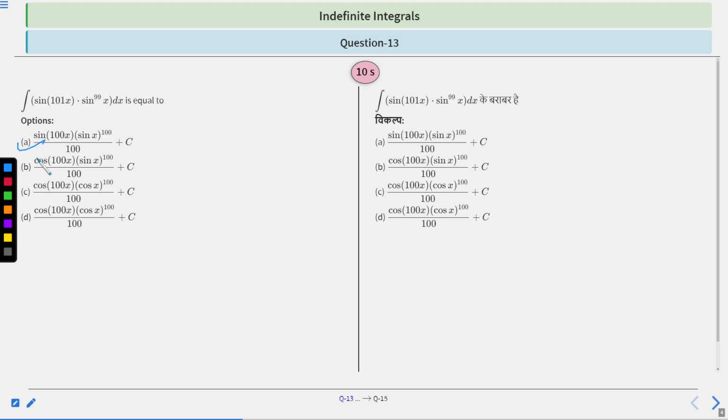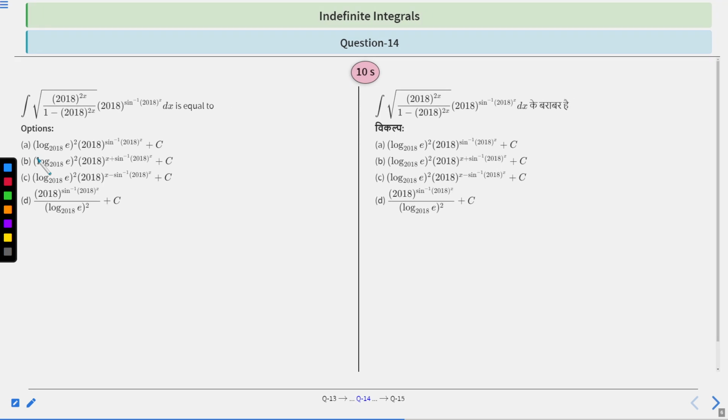Okay, let's move to the next question, question number 14, which says that you have to find integration of root over 2018 to the power 2x upon 1 minus 2018 to the power 2x into 2018 to the power sine inverse 2018 to the power x dx is equal to.